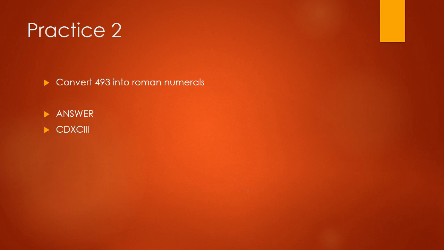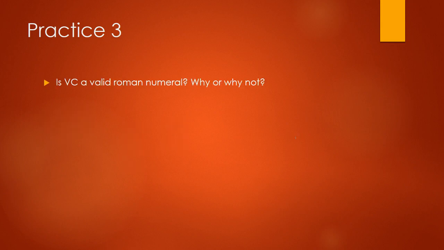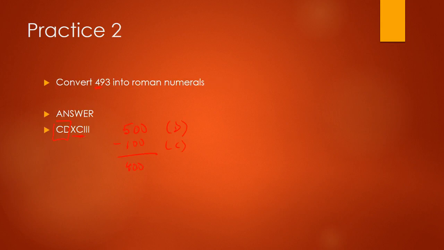Did you get CDXCIII? In order to get the answer, 400 is represented as CD. Since the C is before the D, you can subtract. So it's 500, which is the D, subtract 100, which is the C, and that is 400. Next, the XC: since X is smaller than C, that means it is subtracted.